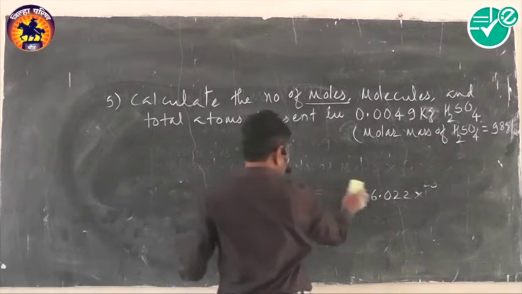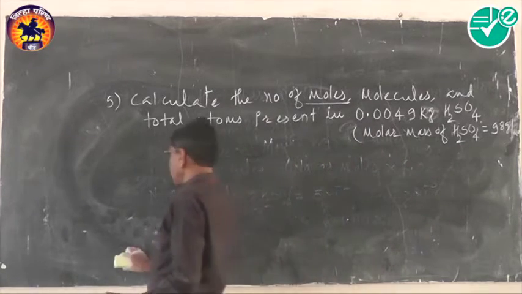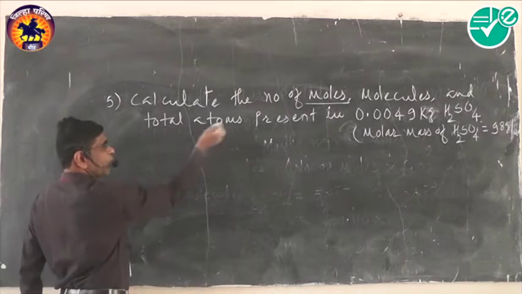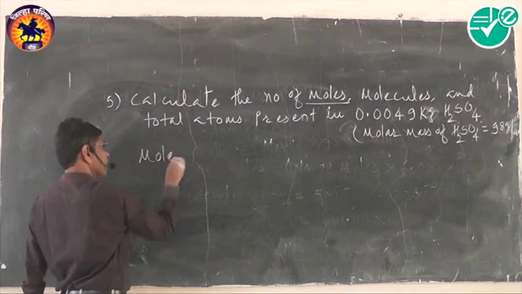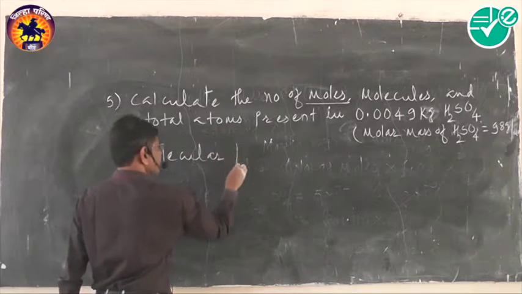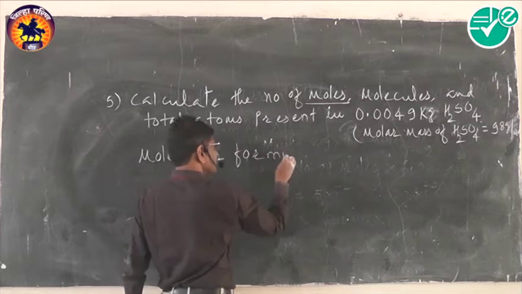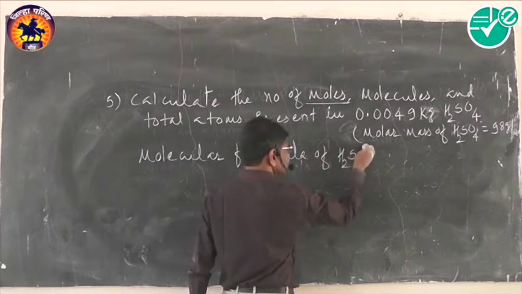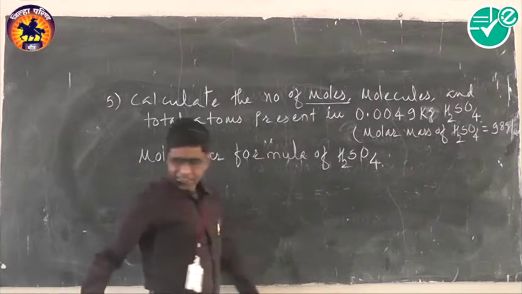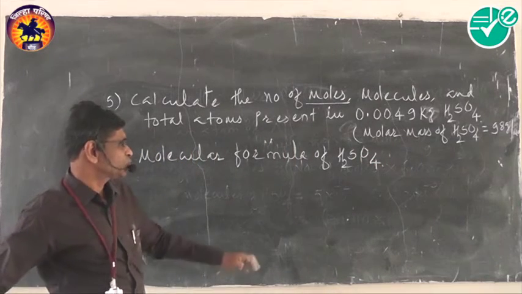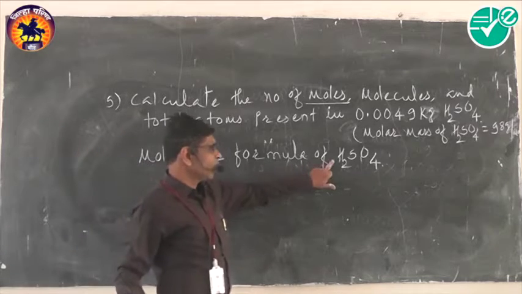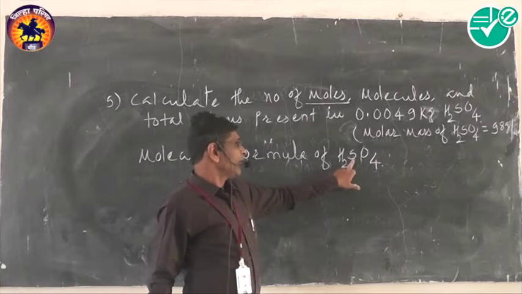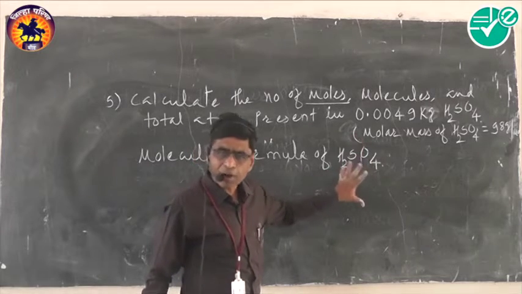Now then also we have to calculate the total number of atoms. Now what is the molecular formula? Remember, the molecular formula of sulfuric acid is H2SO4. As the molecular formula of sulfuric acid is H2SO4, it indicates that one molecule of sulfuric acid consists of 2 atoms of hydrogen, 1 atom of sulfur and 4 atoms of oxygen.